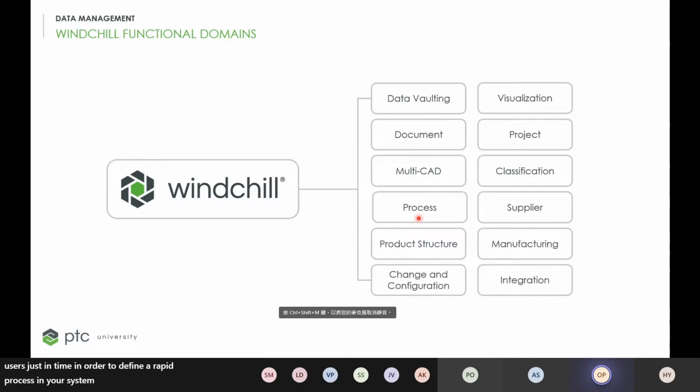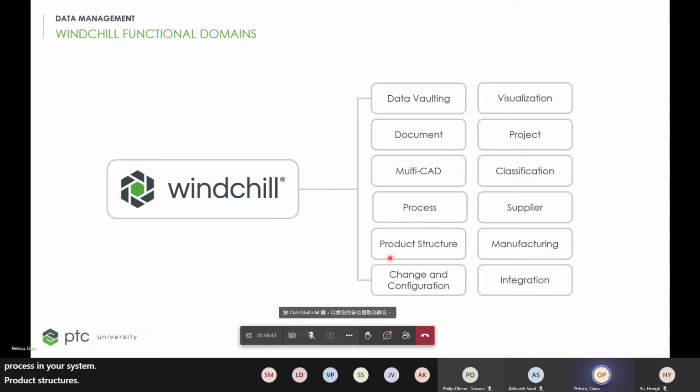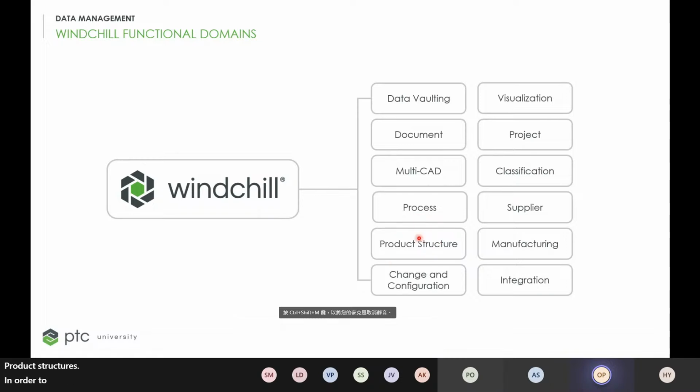Product structures. In order to create the product, in order to send everything to manufacturing, to the ERP, and start the pre-production and the production, we have to formalize bills of materials.